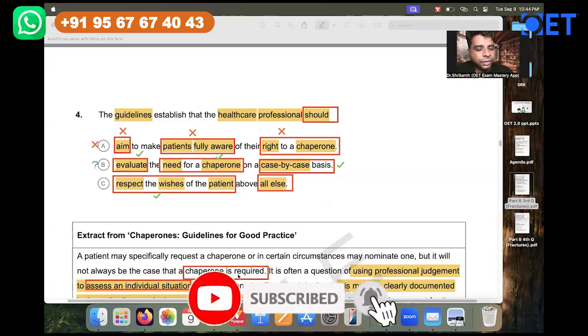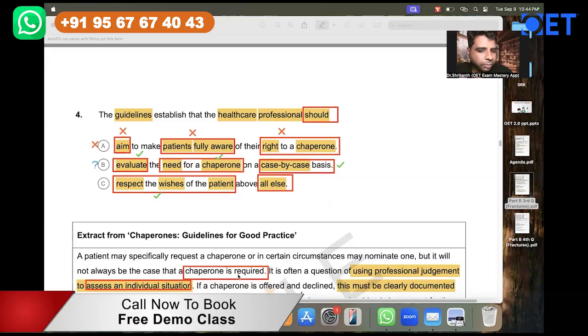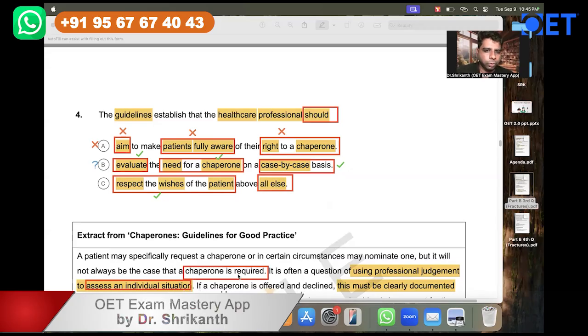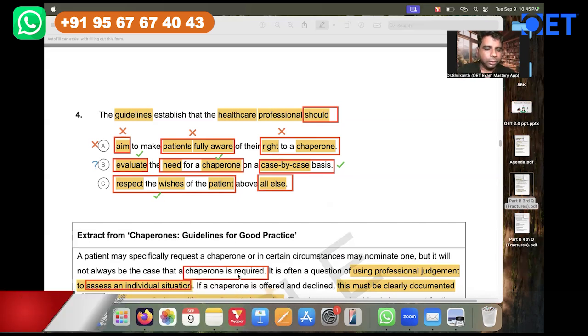The healthcare professional is assessing an individual patient, and the healthcare professional is telling you, you are a very healthy patient. You are a fantastically healthy patient. There is no need for a chaperone. Right. There is no need for a chaperone, the healthcare professional is telling. But the patient is telling, no, no, I'm very lazy. And because I'm very lazy, I need a chaperone. Okay.